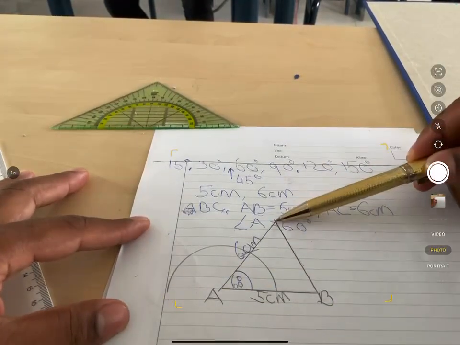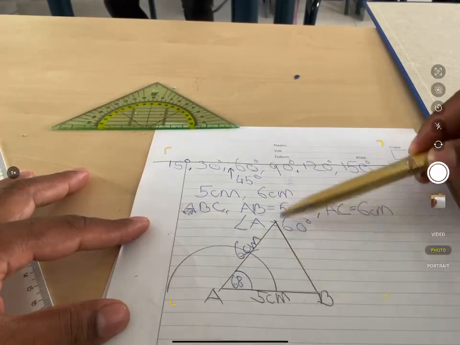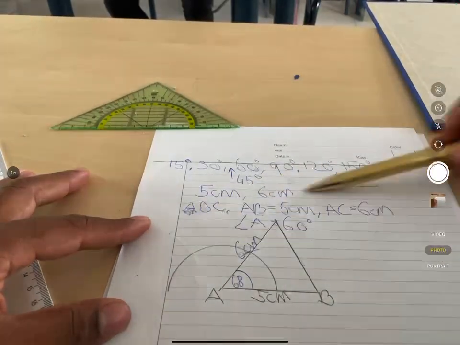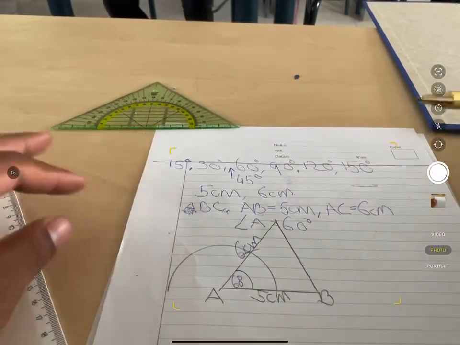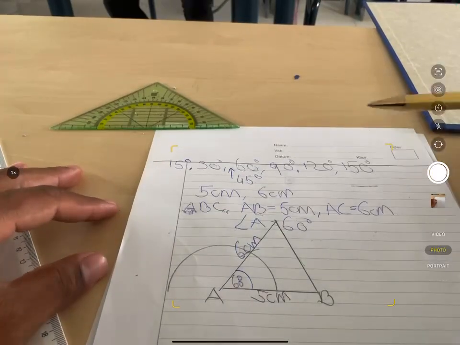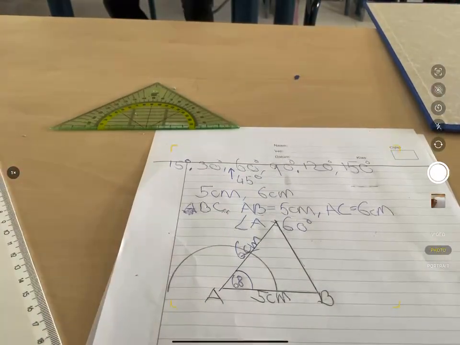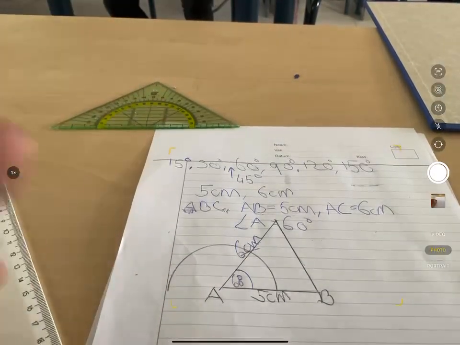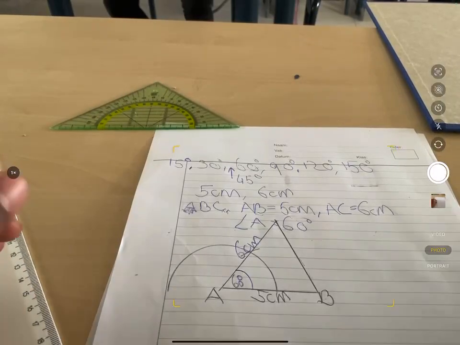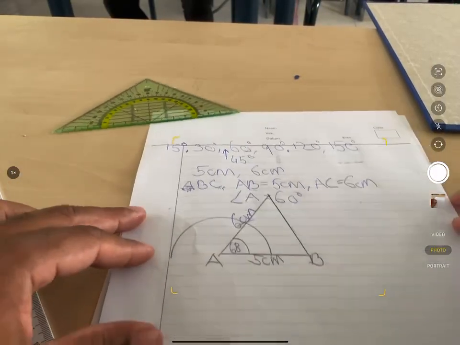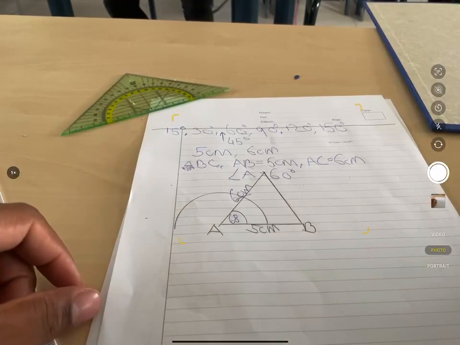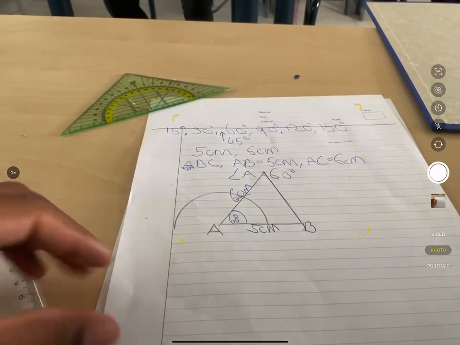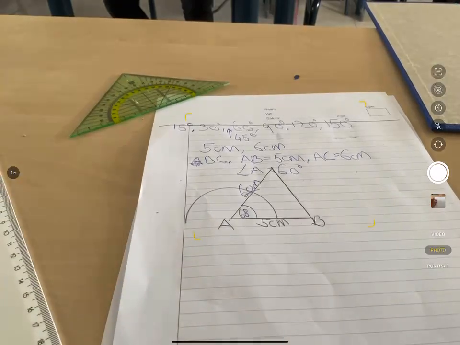I'm not worried about measuring this side because it's not stated here that I should do it. Only state things that are shown. If you do it, it's no problem, but in an actual test, you don't have the time to do it. So that is one of 60 degrees. Done. We move on to DEF.